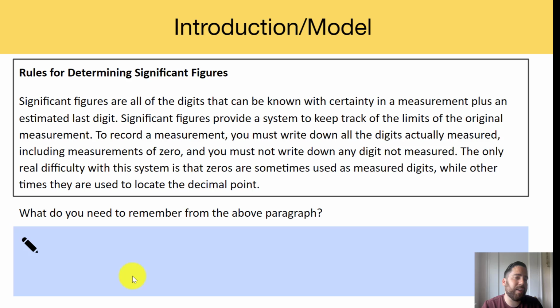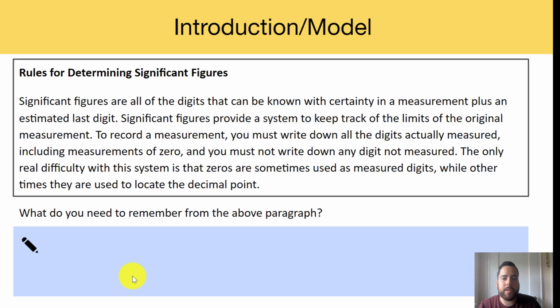Okay, so significant figures. What are the rules for determining significant figures? Essentially, significant figures are all of those digits that we know with absolute certainty plus an estimated last digit. So significant figures provide essentially a system to keep track of the limits of our measurement.